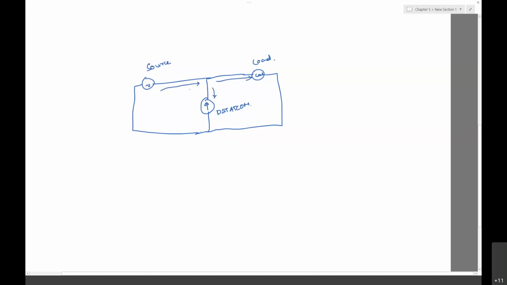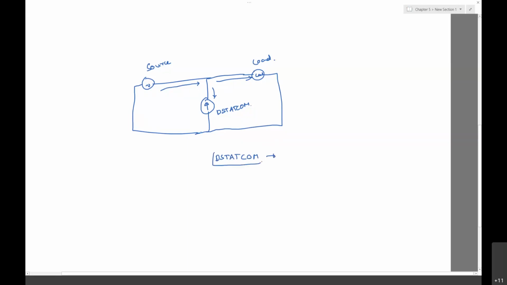Why is it delivering power to the load and the DSTATCOM? For the DSTATCOM, is it a load? Maybe in terms of it's a load only.